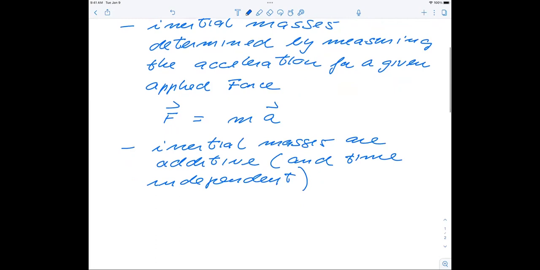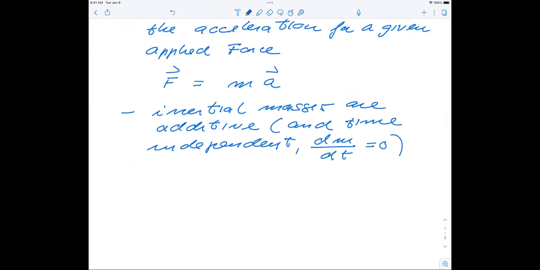So which means that if we do the derivative of the mass, dm/dt, this is going to be equal to 0. That's in most cases. So they are additive, which means that the mass of the system is given by the mass of object 1 plus object 2 up to some mass of object n.